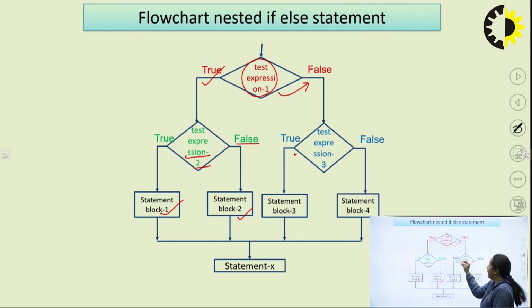Else part is again checking the expression 3. So, if expression 3 is true, statement block 3 will get executed, and if expression 3 is false, statement block 4 will be executed. And after execution of any one of these statements, 1, 2, 3 and 4, ultimately, the normal sequence of program will resume, that is statement X.